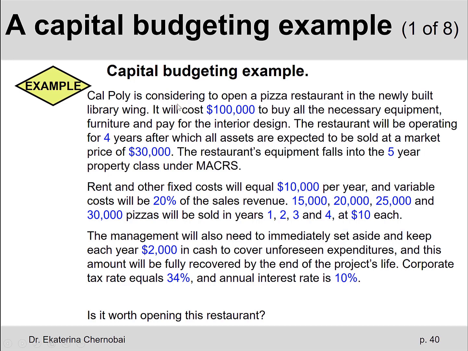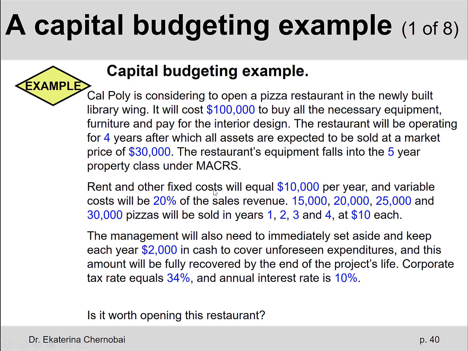That also belongs to the net capital spending category of cash flows, right? The restaurant will be operating for 4 years, after which all assets are expected to be sold at a market price of $30,000. The restaurant's equipment falls into the 5-year property class under the modified accelerated cost recovery system.